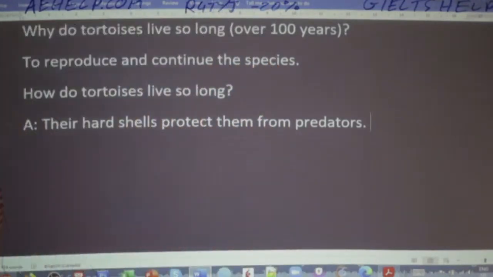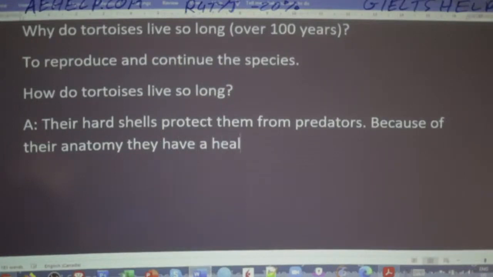Carolina says, well, because of their anatomy, they have a healthy life. They eat healthy. Yeah, so they eat lots of greens, lots of vegetables, obviously. And something about their anatomy.